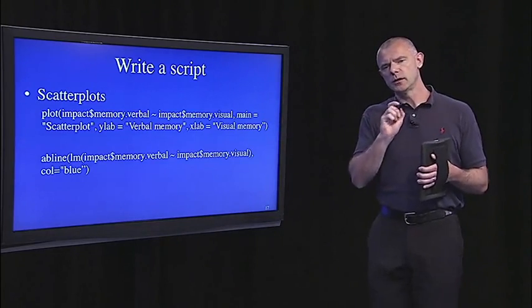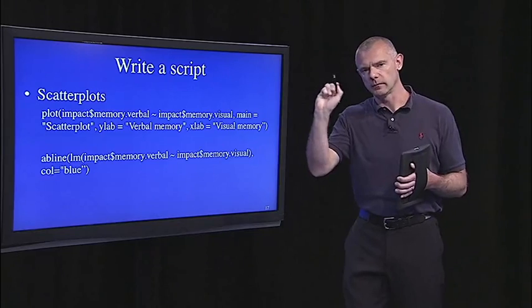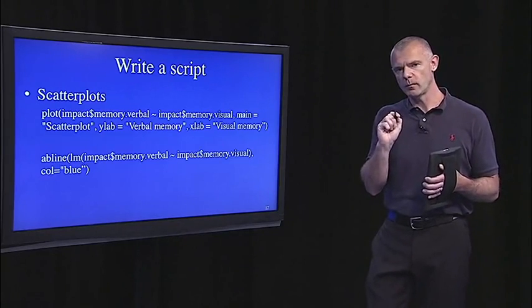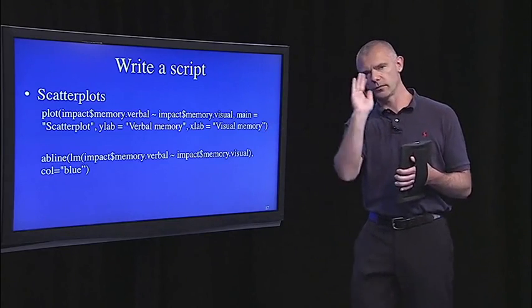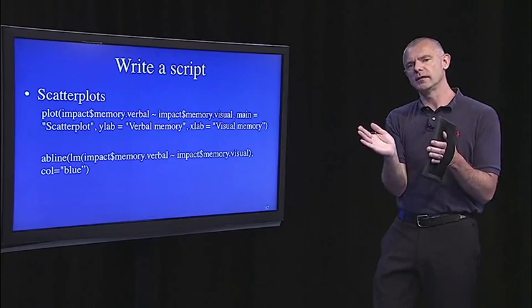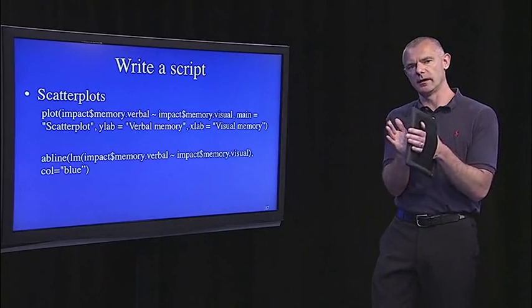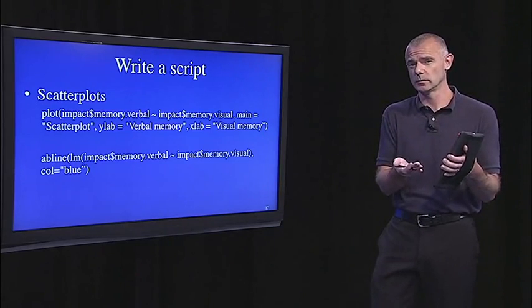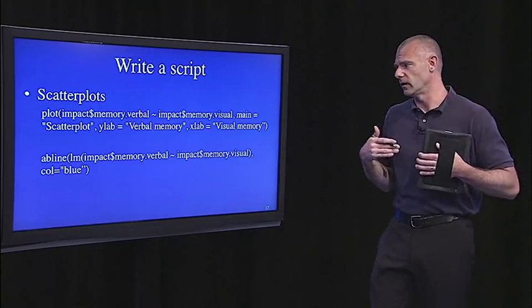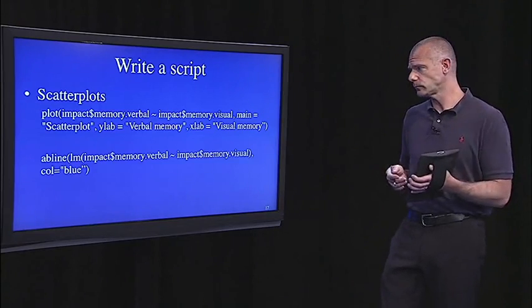Another nice thing to do is to plot the regression line through that scatterplot. So remember, the regression line just goes through the dots to minimize the distance between each dot and the line, so as to minimize the sum of squared residuals. Remember, that's the idea of ordinary least squares.